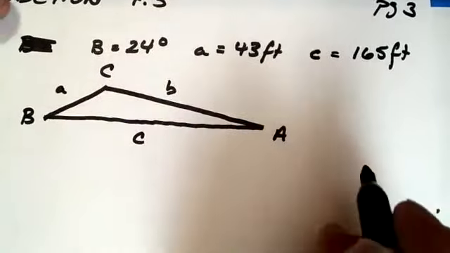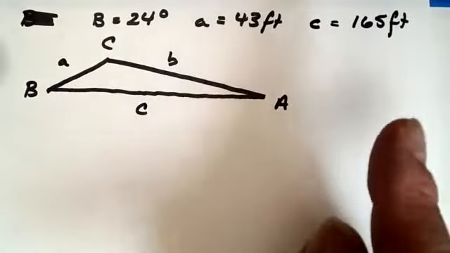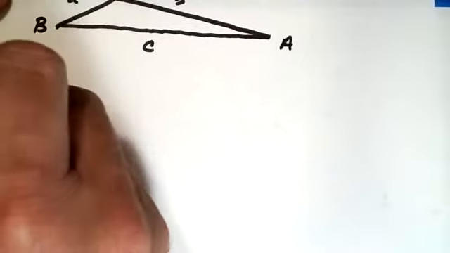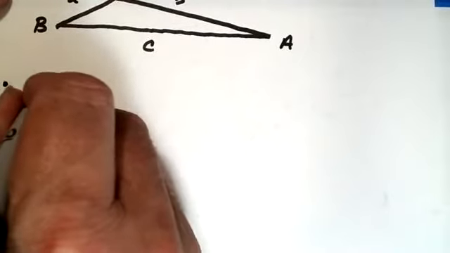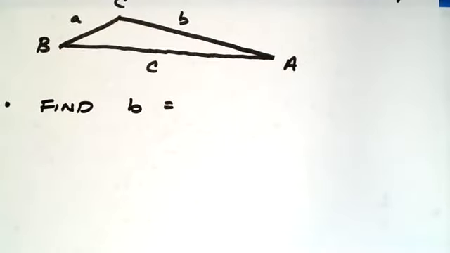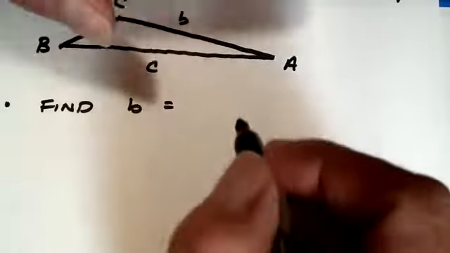As a result, I will want to use version 1 of the law of cosines to find the third side first. So the first step will be to find little b. In version 1, both the left and the right-hand side are positive, so we end up taking the square root of both sides to find the lengths.